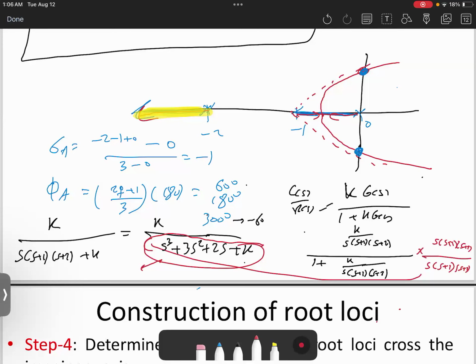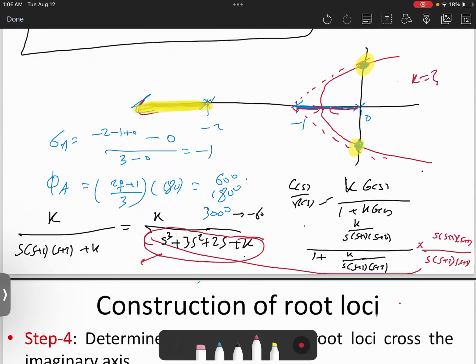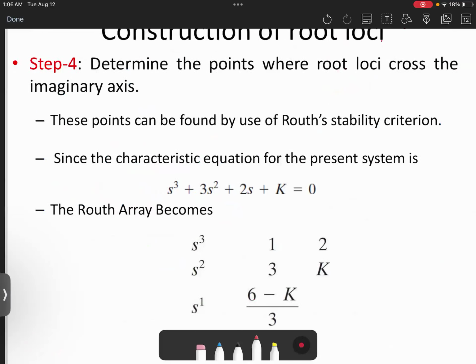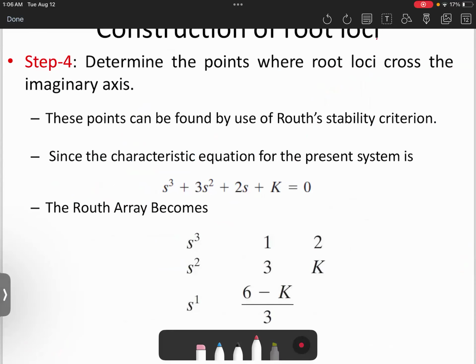Then the next thing, we need to identify the j omega axis. What's the value of k, and what's the value of s? Look at the characteristic equation, that's the one we have. Then the next thing is to do the Routh-Hurwitz criteria.